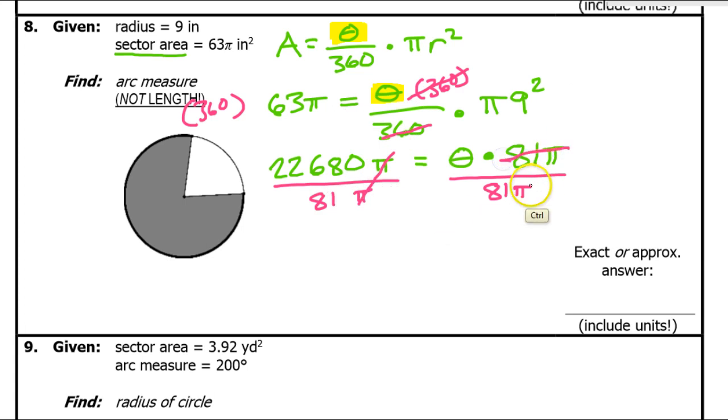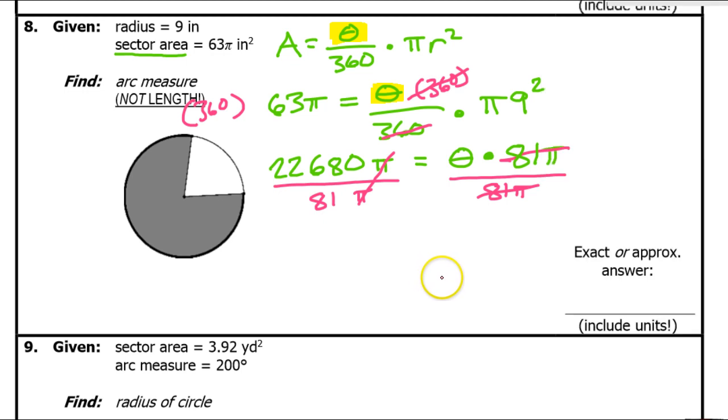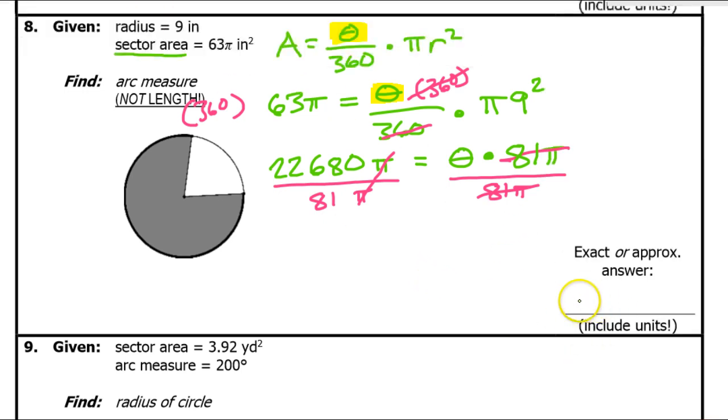So it's just a matter of 22,680 divided by 81. That is 280. And theta is always going to be in degrees. Okay, the arc measure is 280 degrees.